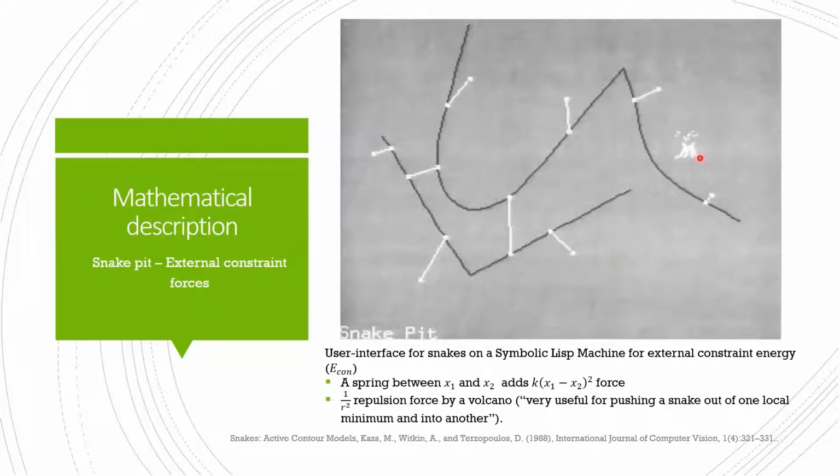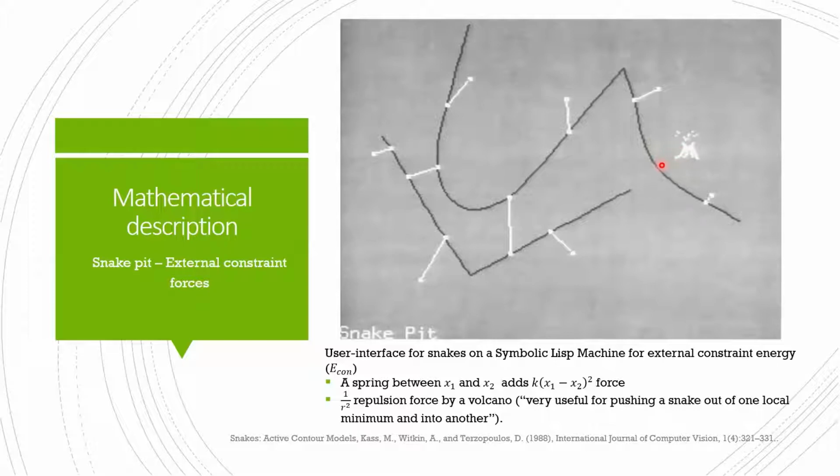There is another type of user interface provided, like a volcano. It exerts a repulsive force 1 by r squared. R is the distance from the volcano to the snake. So if the snake is near the volcano, R is less, so the repulsive force is more.